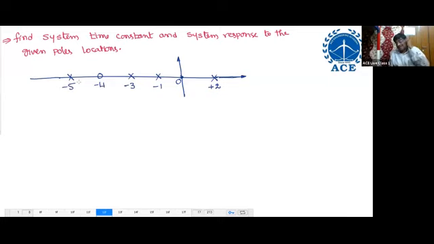Now tell the answer, anybody. What is the system time constant?